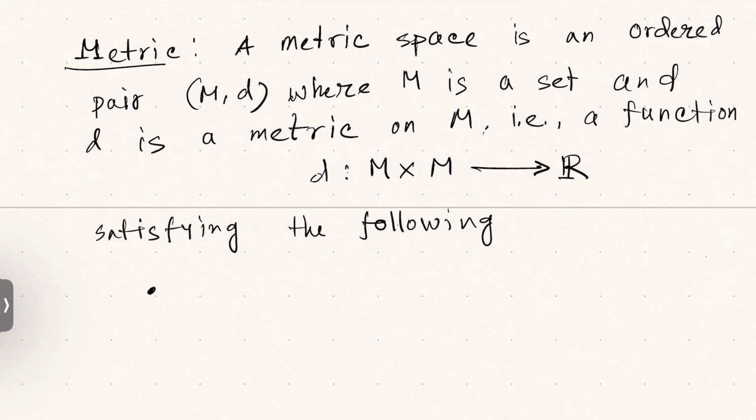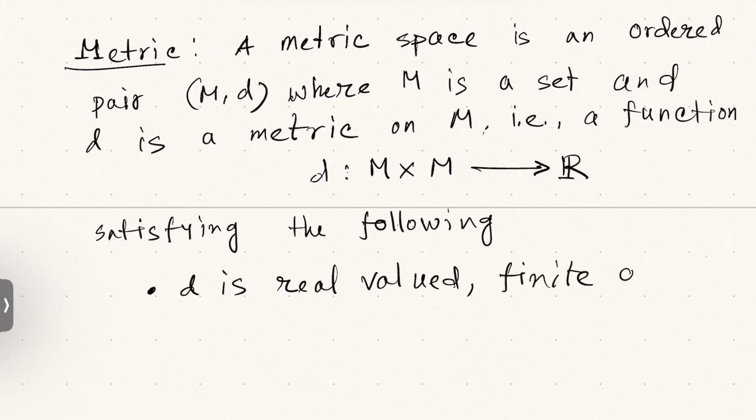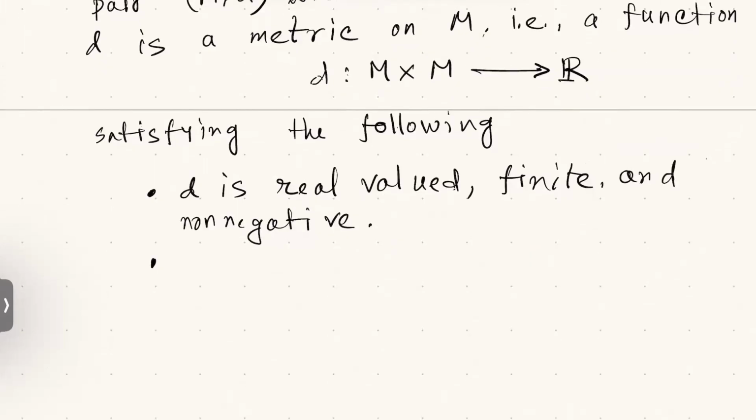So d is real valued, finite and non-negative. Second, d of x comma y equal to 0 if and only if x equal to y.